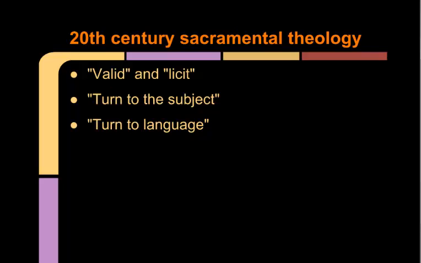The turn to language responds to the turn to the subject by saying, if this is a communication between persons, then our best way of understanding communication between persons is to use language and symbol, which is how human beings communicate with one another. And so these later writers will use language especially as a way of talking about what's happening in the sacraments and trying to understand how human beings and God communicate through sacraments.